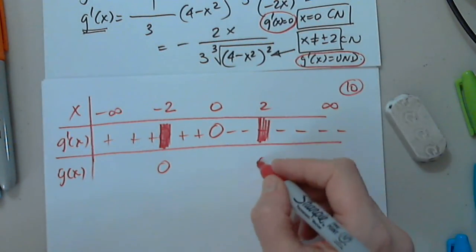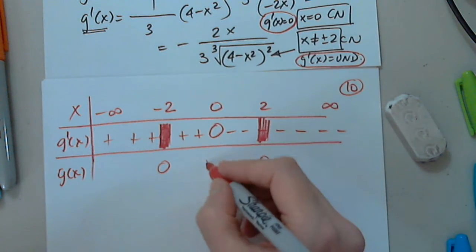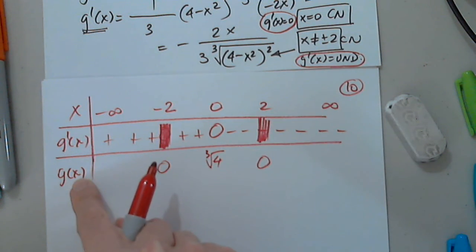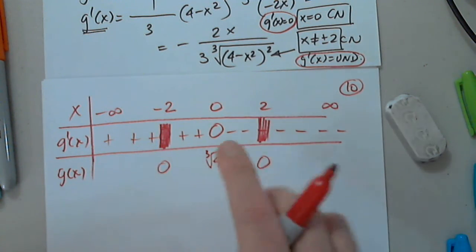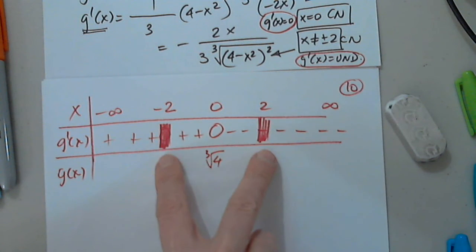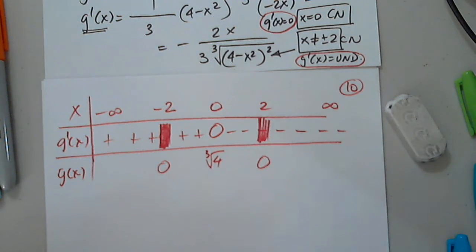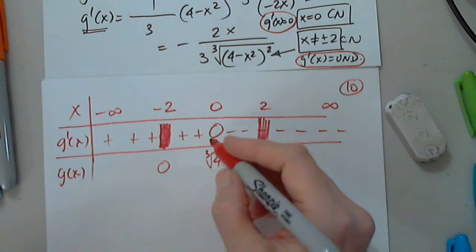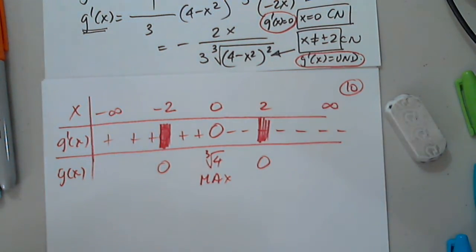So here I have 0, 0, and at 0 I have the cube root of 4 for the function values. And these two are not max-min. This is the only one that changes into a max, a relative or a local max, same thing. Here the derivative does not change sign.